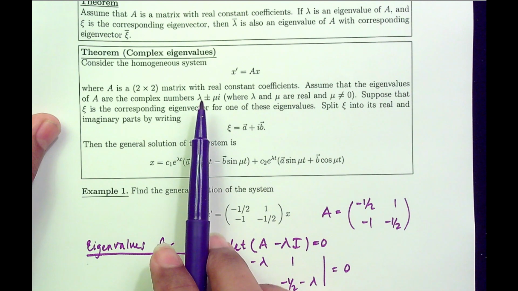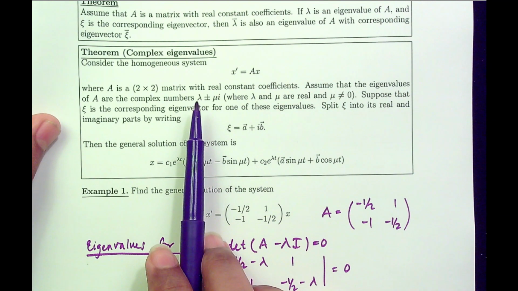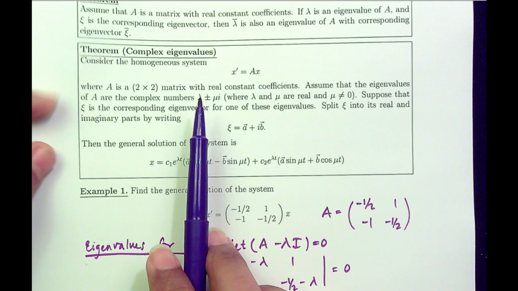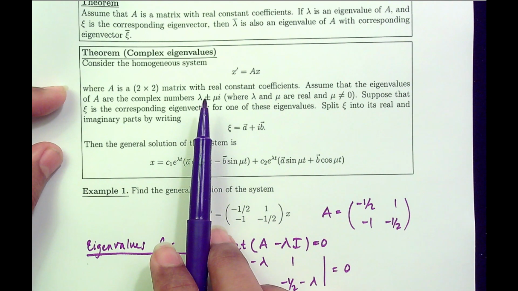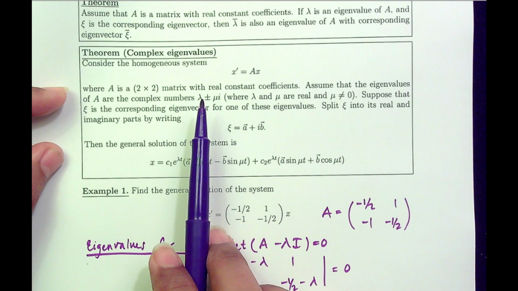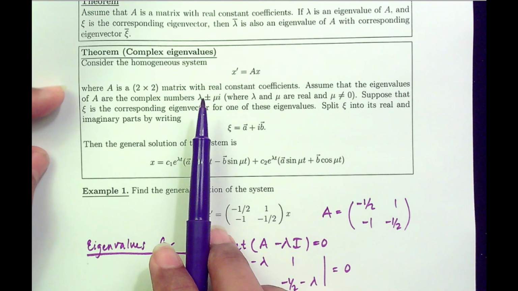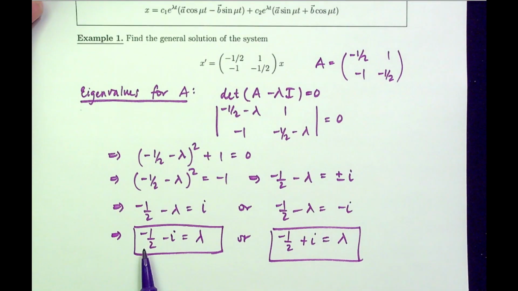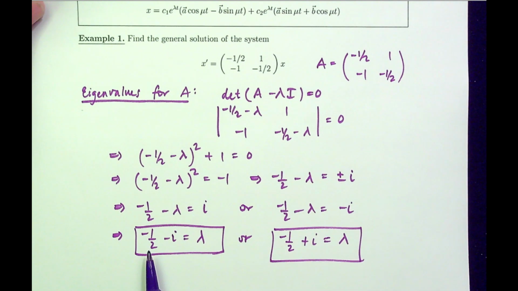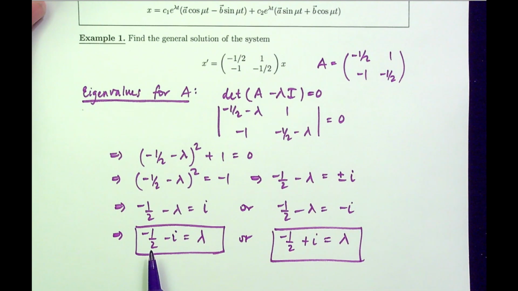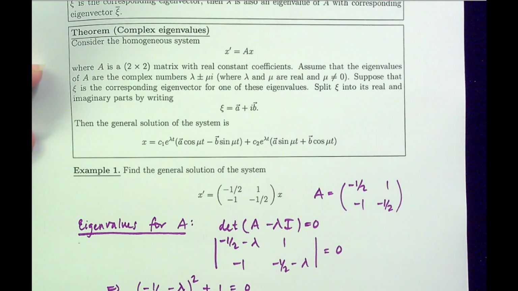Lambda in the theorem is the real part of the eigenvalue. So in this theorem, lambda would be like negative a half. That's the unfortunate notation in the book.